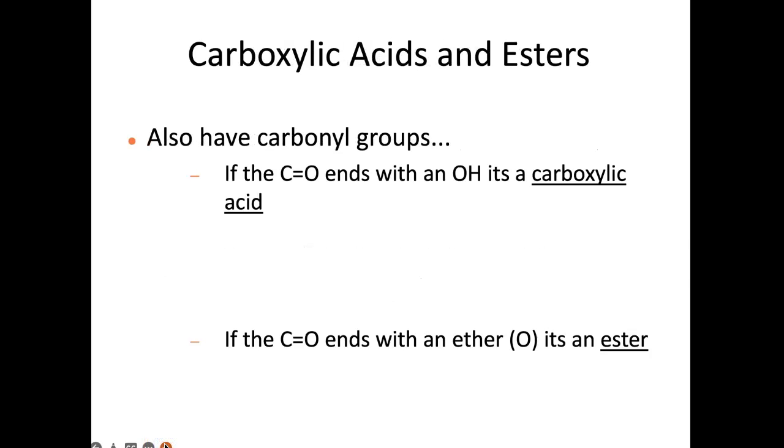A carbonyl group, and then we'll go into carboxylic acid, is C double bonded to an O. If it goes COOH, then it's a carboxylic acid. If the C is double bonded to an O with an ether, it is then an ester, not an ether.